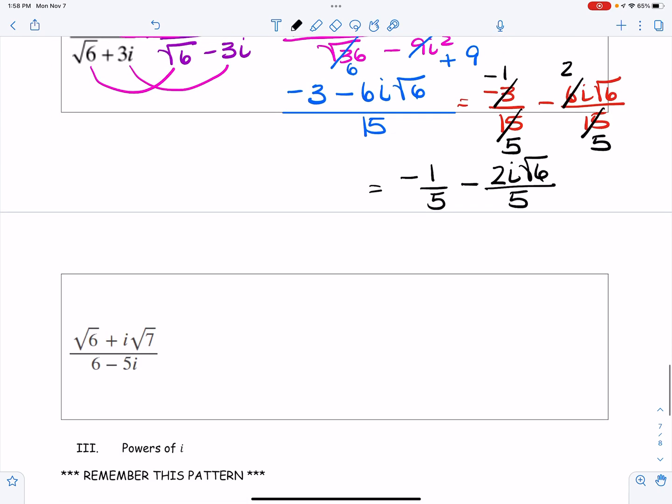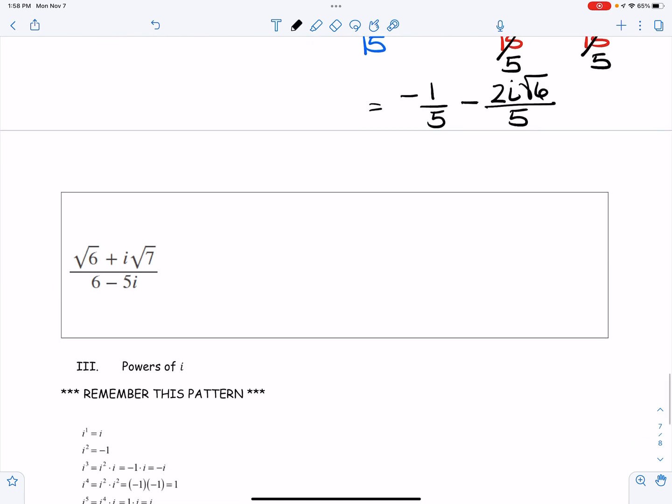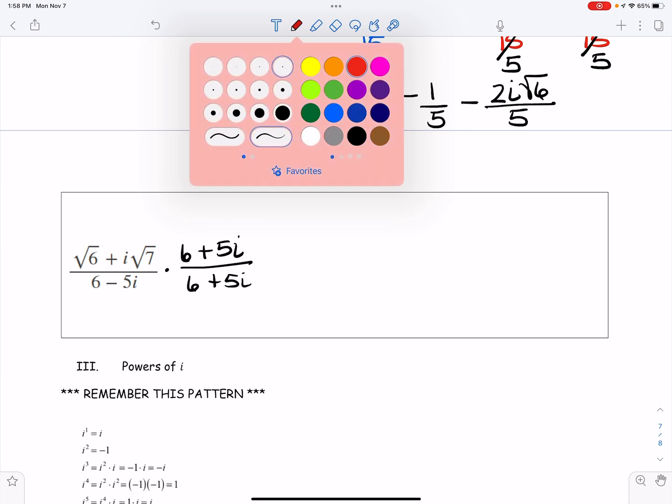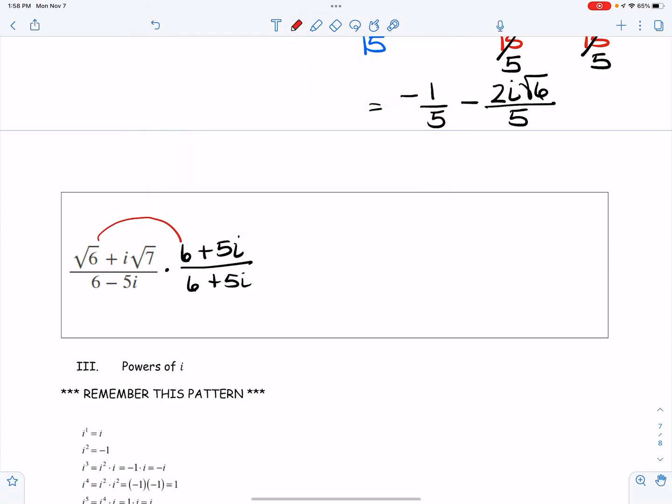Now this last one is very different, and I'm going to show you the way that Hawks is going to want it, because they're going to want you to group your real numbers together and group your imaginary numbers together, even though you can't simplify it any further. So we're going to start by multiplying by the conjugate, 6 plus 5i over 6 plus 5i. We're going to FOIL, so that becomes 6 radical 6.